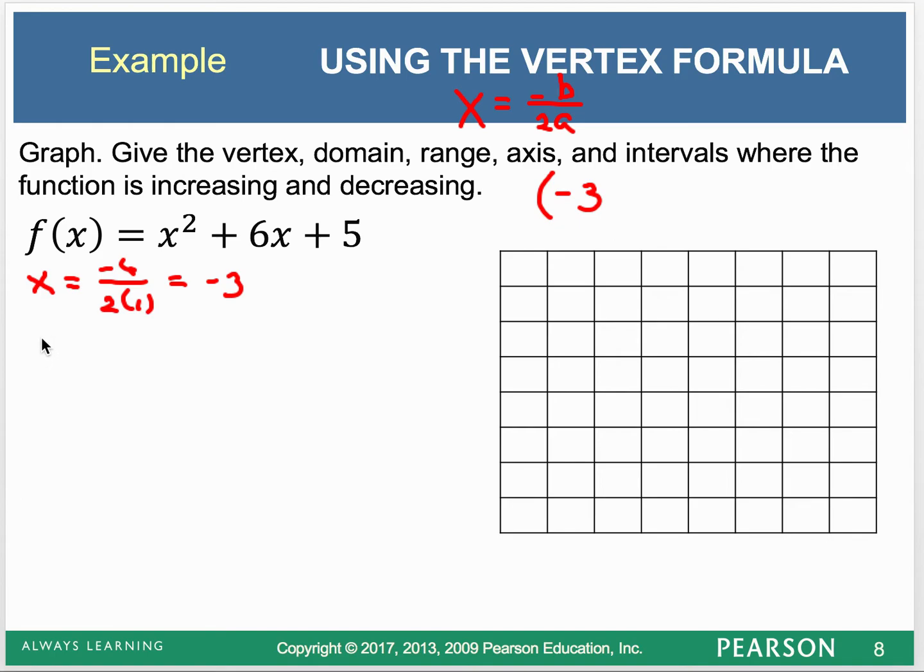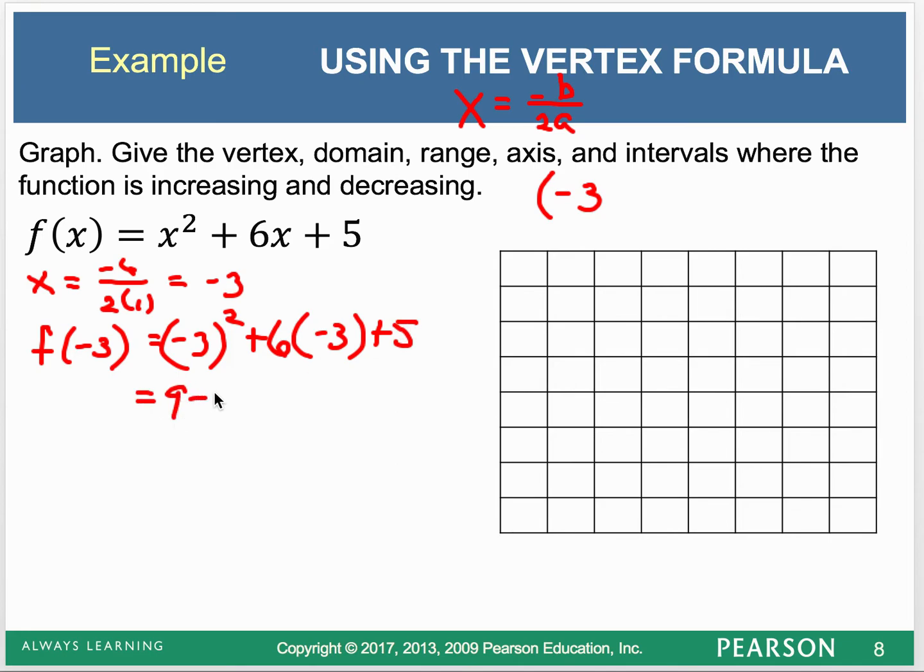And then the y-coordinate is just what y gives when x is -3. So -3 squared plus 6 times -3 plus 5 is 9 minus 18 plus 5, which is -9 plus 5, -4. So that's the y part of my vertex.